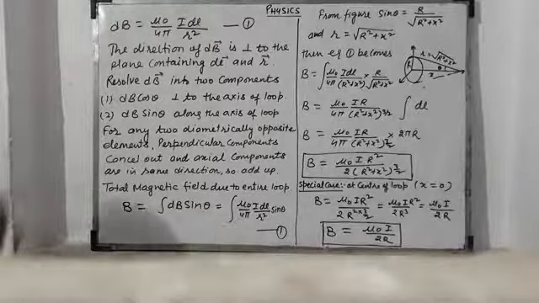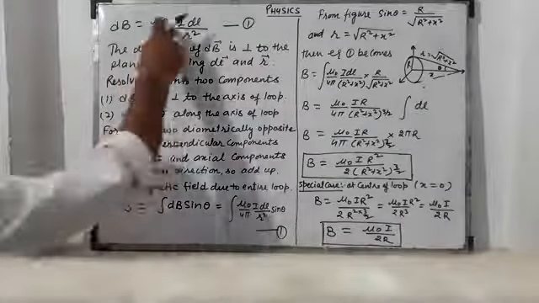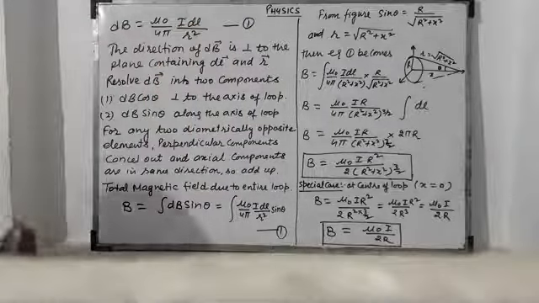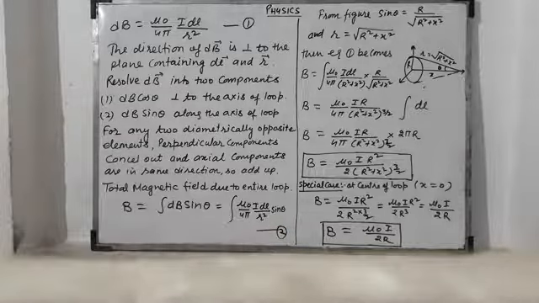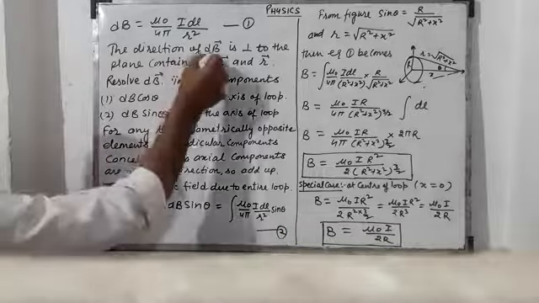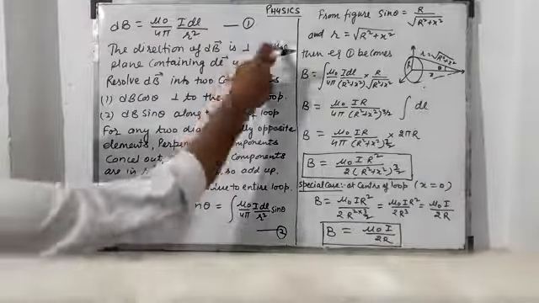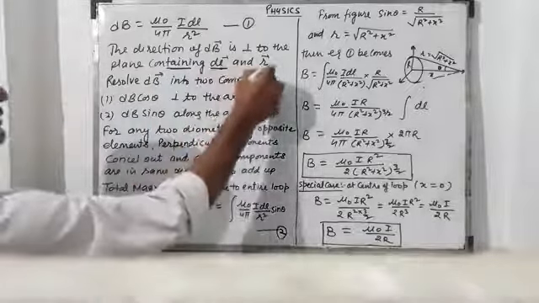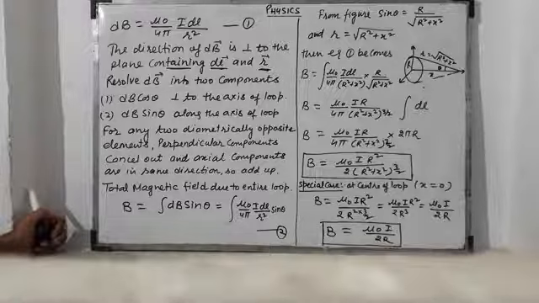So dB is equal to mu naught upon 4 pi, I dl upon r square. Equation number 1. The direction of dB is perpendicular to the plane containing dl and r. This is given in Biot-Savart law.